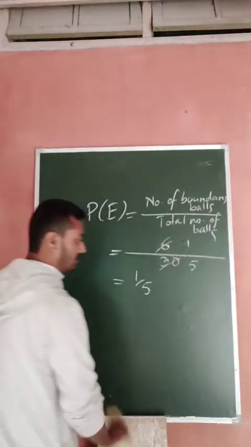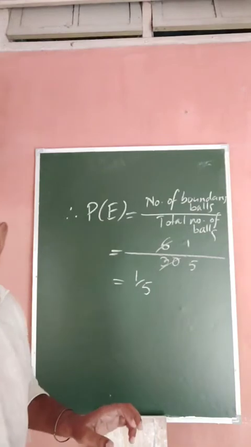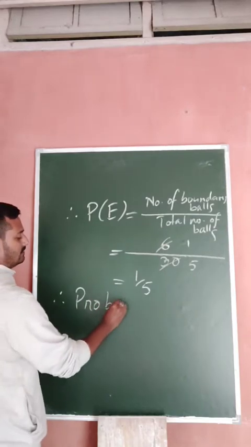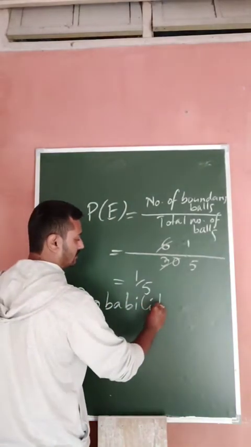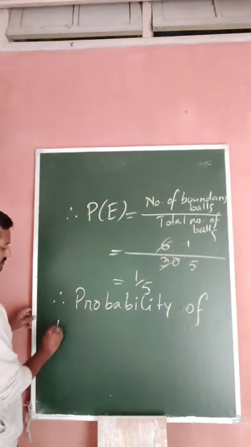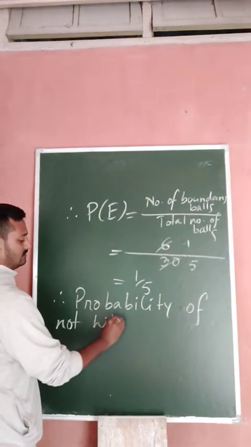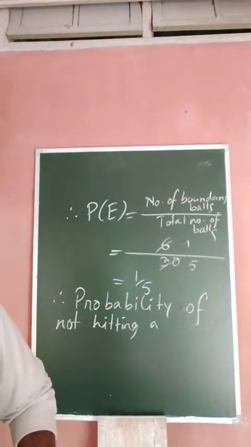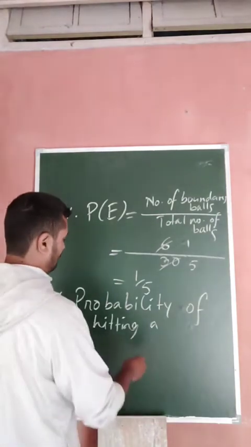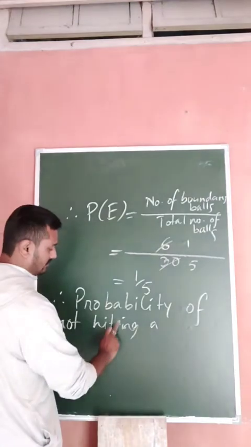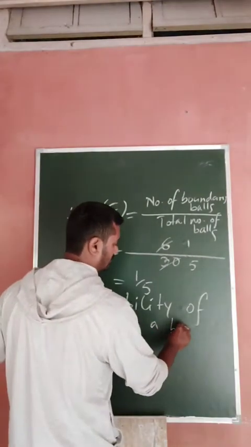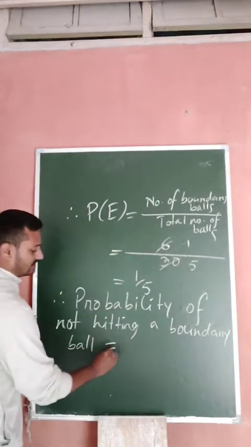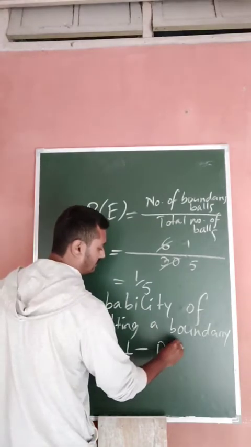The question is to find the probability of not hitting a boundary ball. Therefore, the probability of not hitting a boundary ball is 1 minus the probability of hitting a boundary ball.